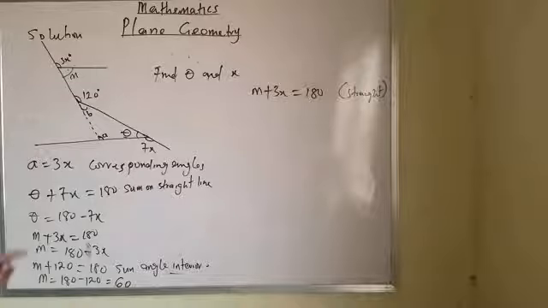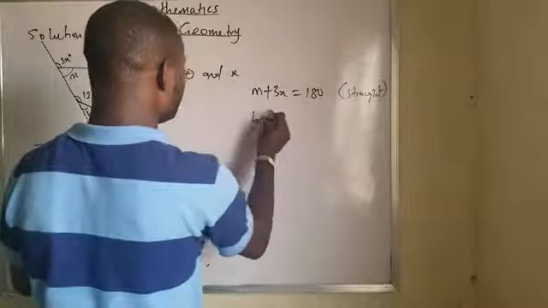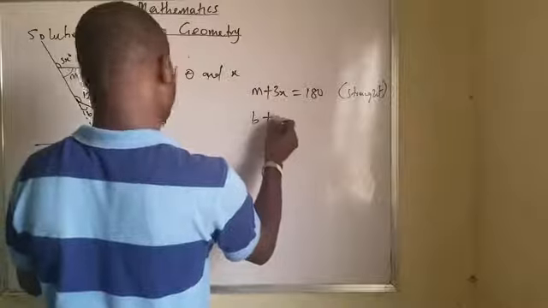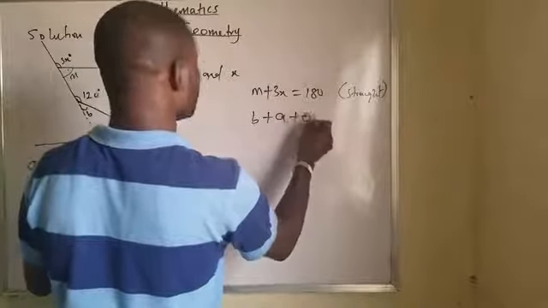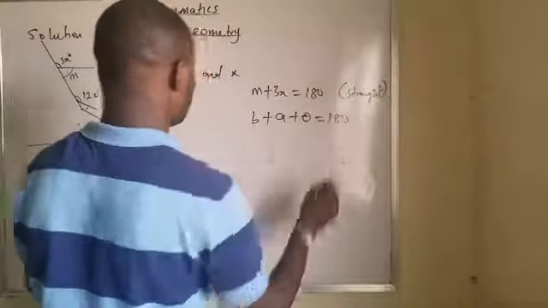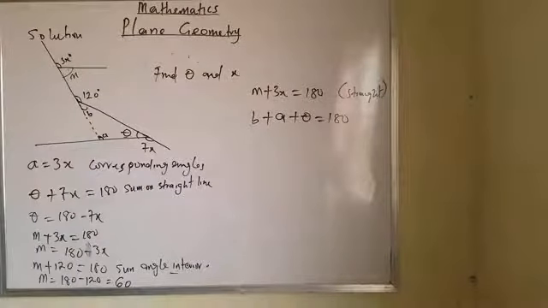Do you know that I can say that A plus B plus theta equals 180? Now, I know what my A is. If I have my m as 60, what else?